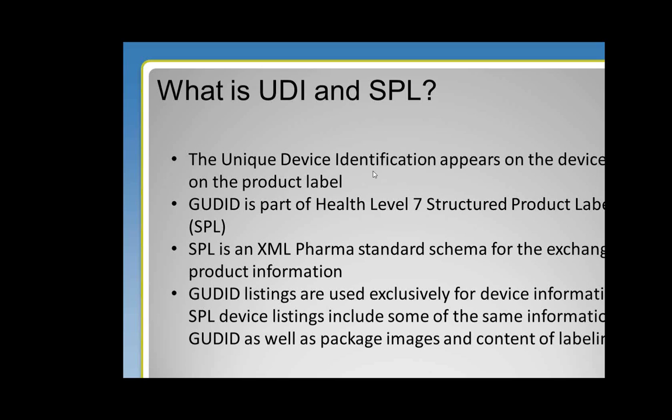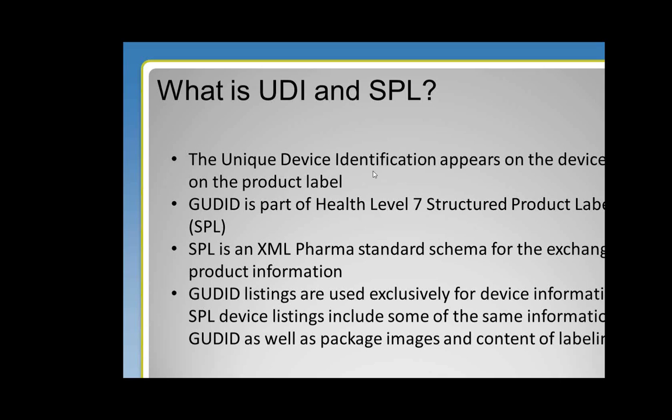Now when we think back to SPL, Standard Product Labeling, that was originally developed for the pharmaceutical industry. It was a way to share information about the pharmaceutical products that organizations were producing, so they were able to track that information.